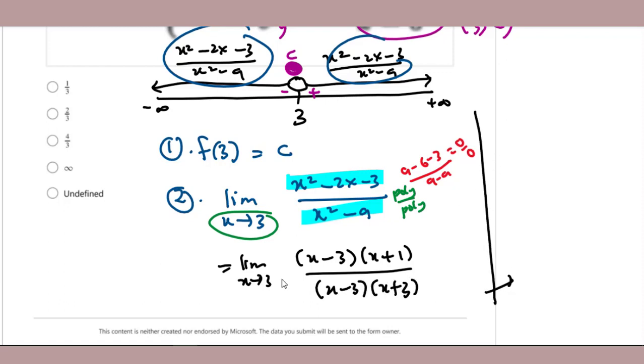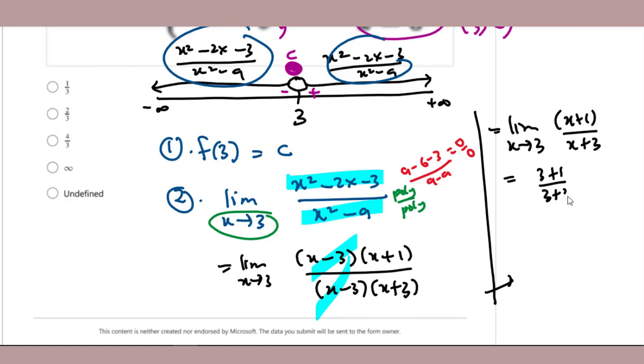Then continue here. Then it can be cancelled. The next step, limit of x plus 1 over x plus 3 as x approaches 3. Substitute 3 plus 1 over 3 plus 3 is equal to 4 over 6, 2 over 3.